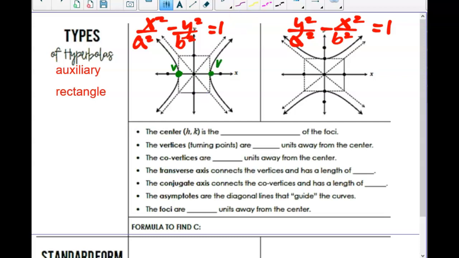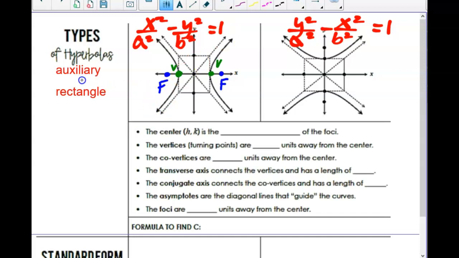And these points in here are the foci, just like with a parabola, how the focus point was inside, okay? Same idea. And then you know what asymptotes are, right? Lines that it's going to approach. These diagonals are going to be the asymptotes.